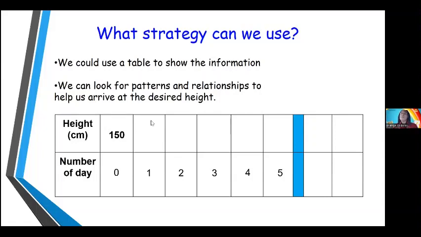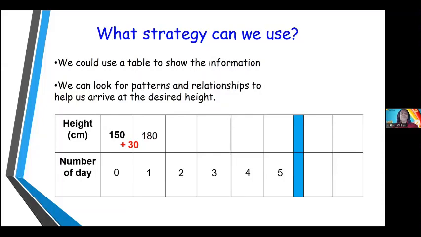So there we have it. So children, we have to use the information given in the problem to help us arrive at the answer here. Here we know that for day 1, the giraffe would grow another 30 centimeters. So what we would do is add that 30 centimeters to the 150 centimeters, that's already the starting height of the giraffe.